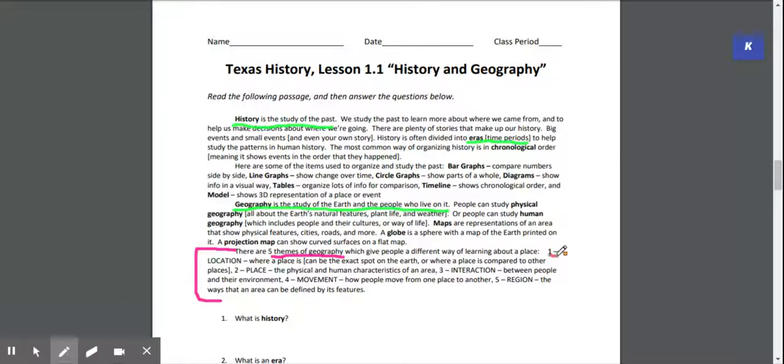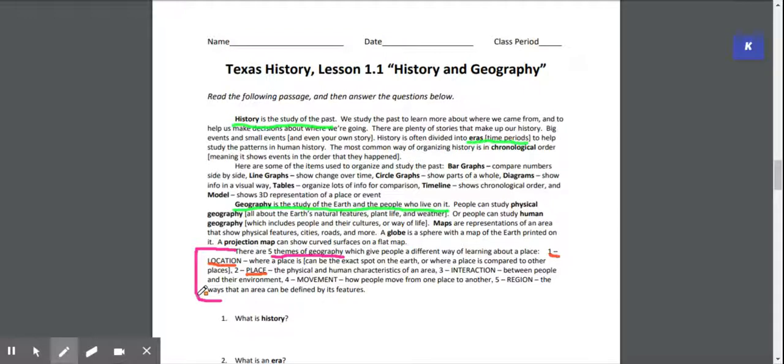The first one is called location. Location is where a place is. It can be an exact spot on the earth or where a place is compared to other places. So for us, boys and girls, our exact location would be Edinburgh in the state of Texas. The second theme of geography is called place.